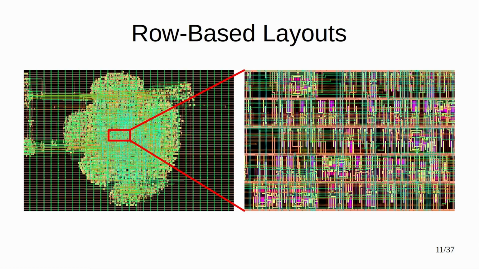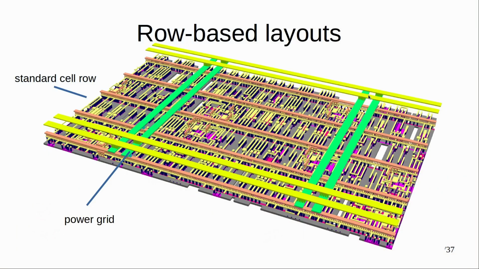In 2 dimensions, it's kind of hard to understand at first glance what it means. So if you look at it in 3 dimensions, it's a bit more intuitive. Here you can see this row-based structure, so these gates are really placed in rows, and in between there are those lines. That's the power stripes, which are part of the power distribution network. Then on top you would add the wires, which connect the gates. They're not displayed now, so that you can actually see it.